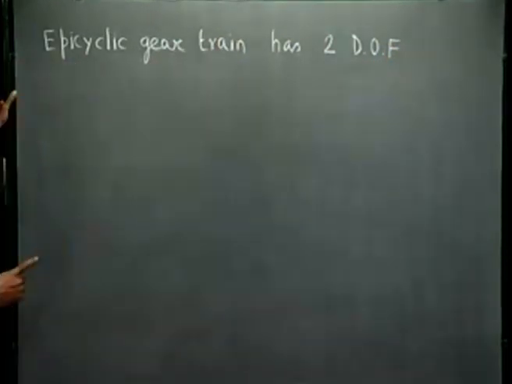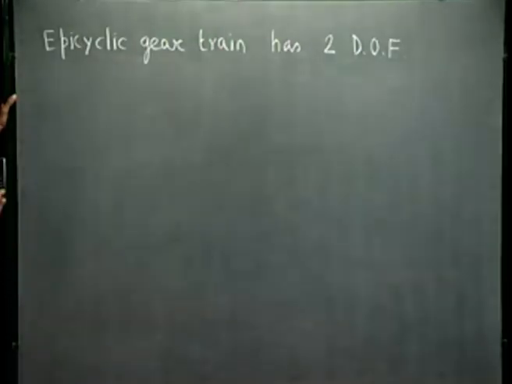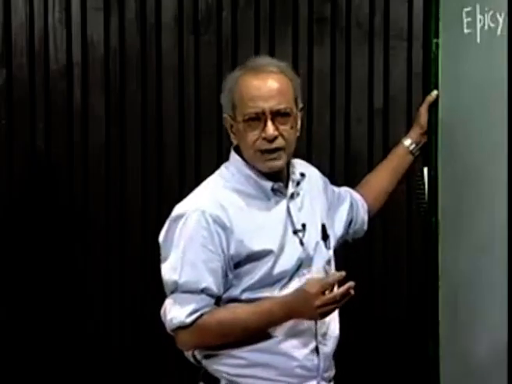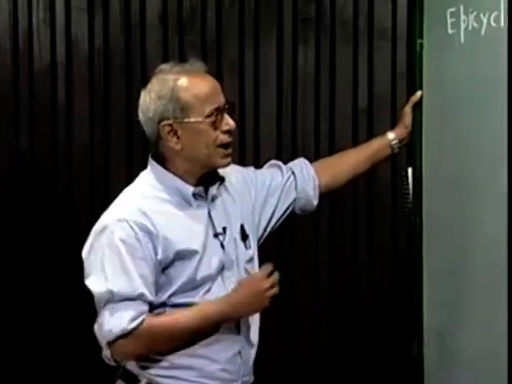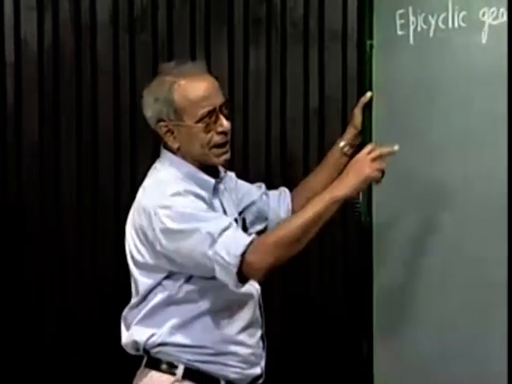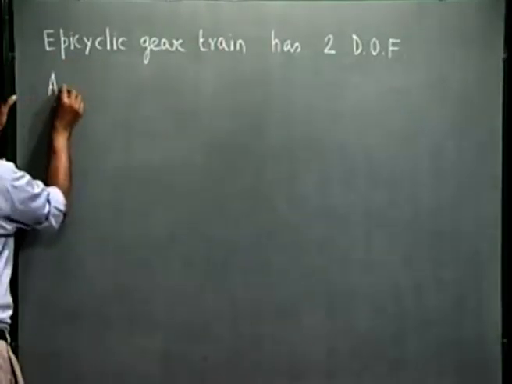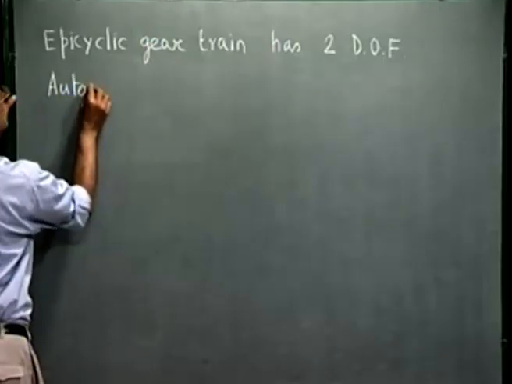Because it has 2 degrees of freedom, it can create 2 output speeds from a single input speed, and that has a lot of application. For example, a very commonly used epicyclic gear train for the same purpose, that it can create 2 output speeds from 1 input speed, is the automobile differential.